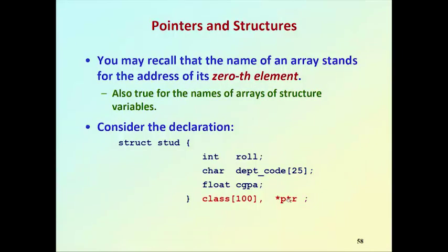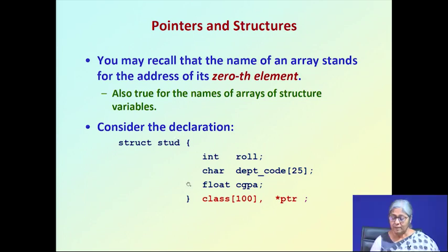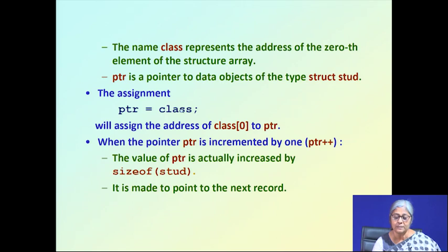Similarly, here PTR is a pointer to a structure of type stud. Class 100, all that class i, is actually the same stud type of structure, and it has 3 variables. So, unless I give the assignment PTR equal to class, we do not have any relation.